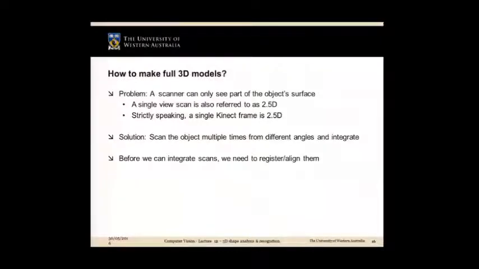Even if you keep your camera fixed and rotate the object, each view appears different with respect to the reference coordinate. So there is some rotation and translation, and you need to calculate that before registering the different 2.5D views of the object to get a 3D model.